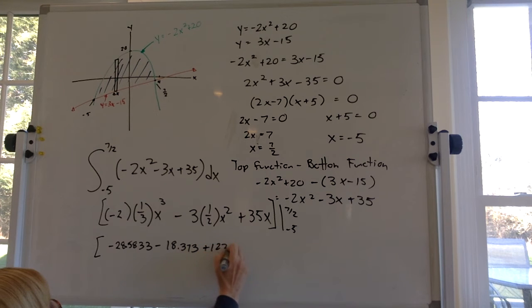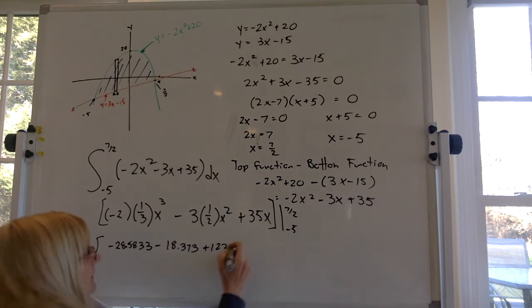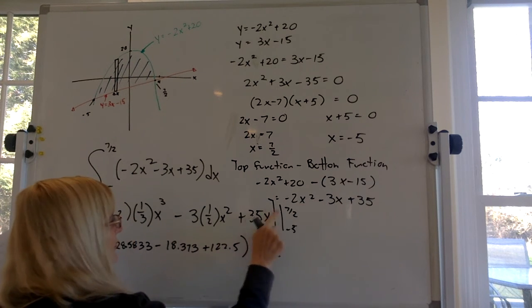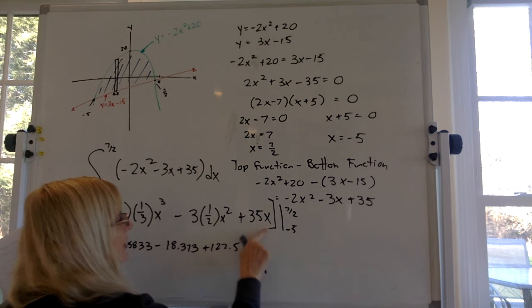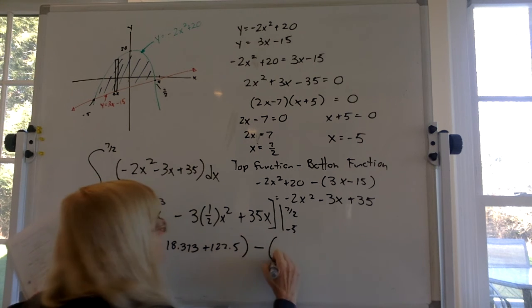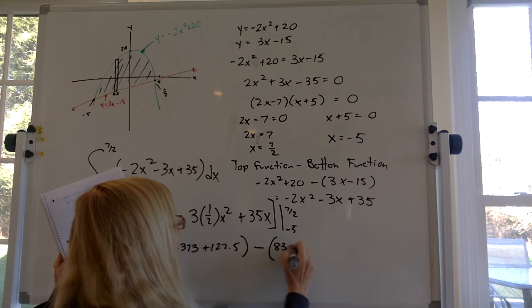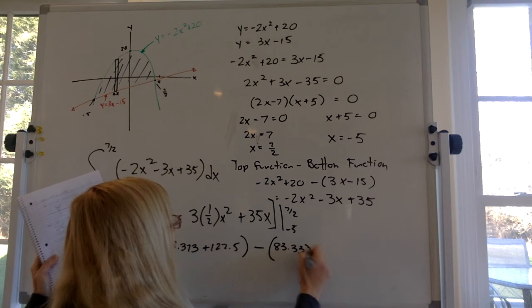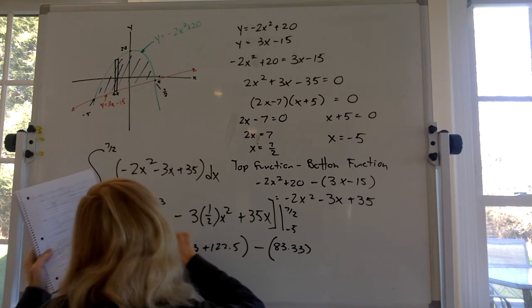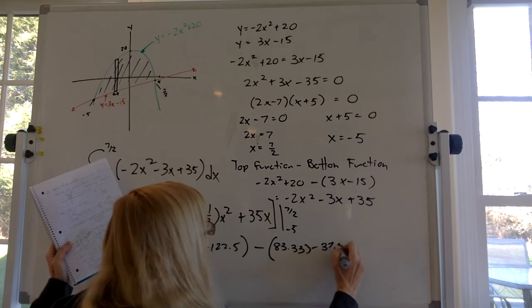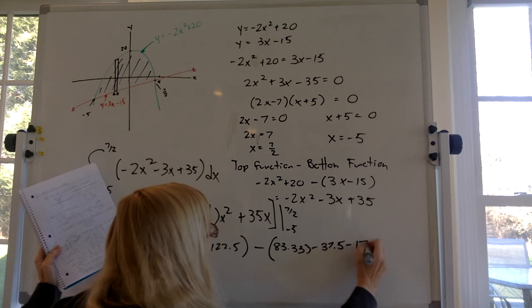Plus 122.5. So that was when I stuck the 3.5 in for x. Minus, now I'm putting in negative 5 for x: minus 83.33, minus 37.5, minus 175.